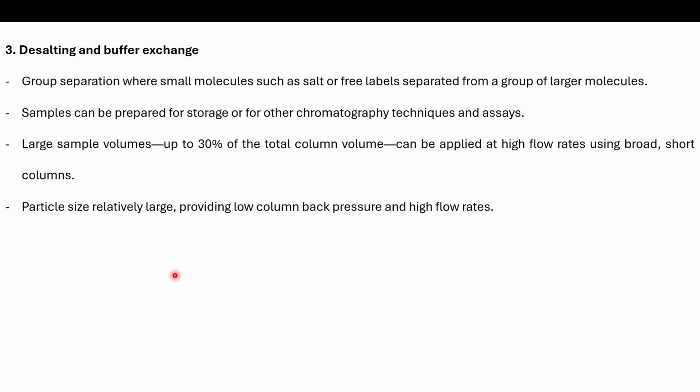Your protein of interest will elute first, because it won't be able to enter into all the pores of the matrix, as compared to the salts, which are really small compared to the main biomolecule of interest. So this is group separation, where small molecules like salts or free labels are separated from a group of larger molecules. Samples can then be prepared for storage or for other chromatographic techniques and assays.